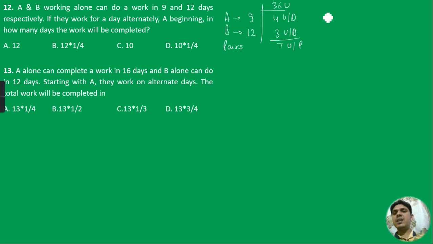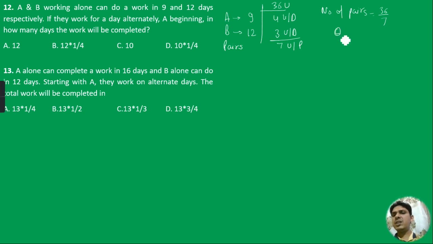So if we find the number of pairs of days, because the work is being done alternatively, this is very simple, 36 divided by 7. If we divide 36 by 7, we will get two things.